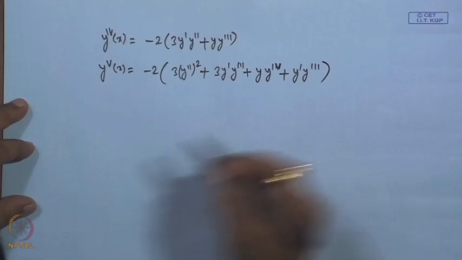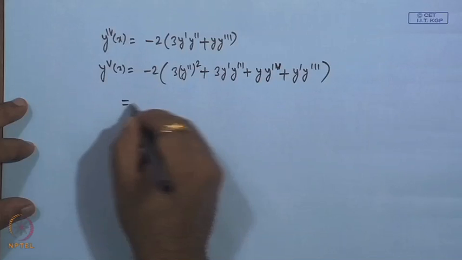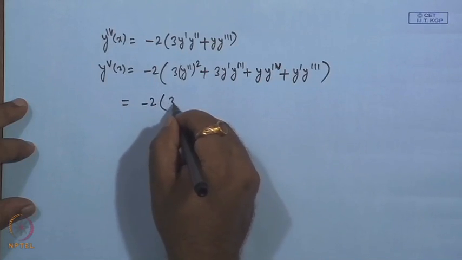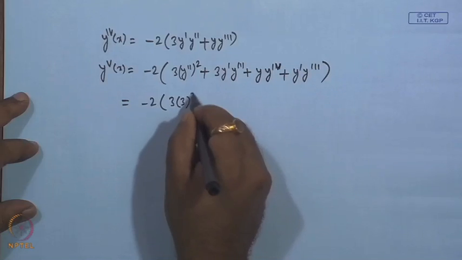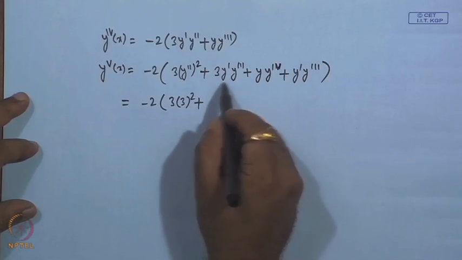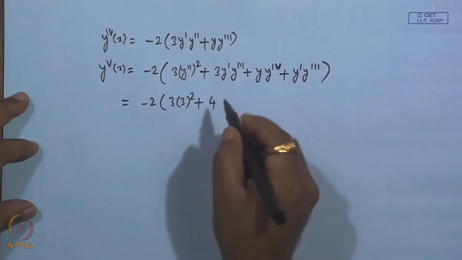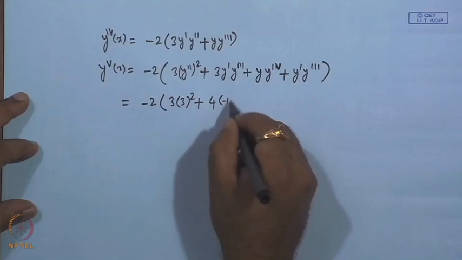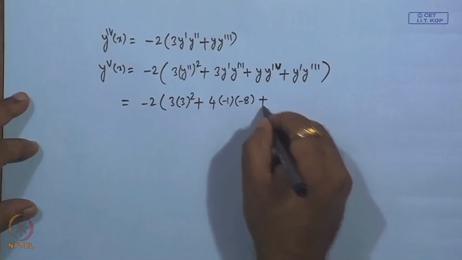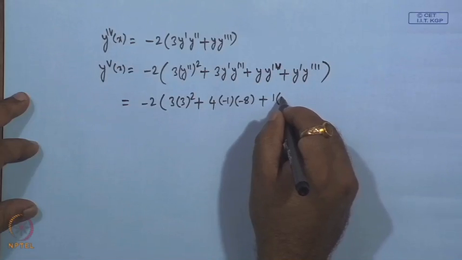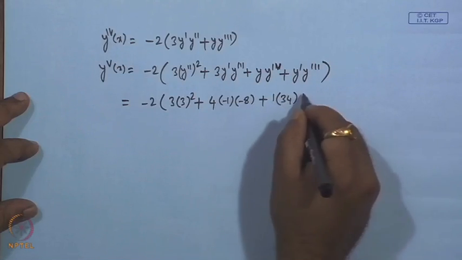So, this is minus 2 times 3 plus 3 and 4 times y dash, which is minus 1, y 3 is minus 8, y 4 is 34.